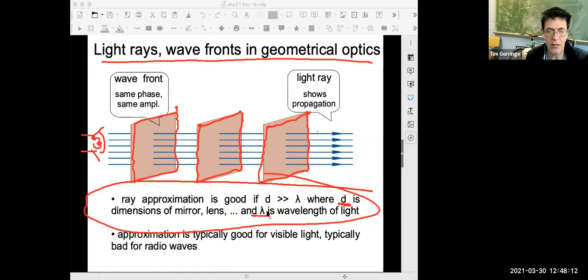Nanometers, 10 to the minus 9 meters. So obviously for visible light of 400 to 700 nanometers, that's much, much smaller than the dimensions of your lens, your mirror, your optical equipment. So for visible light, ray optics is a good approximation, an excellent approximation.